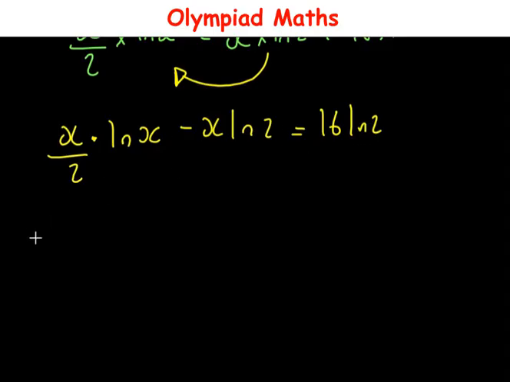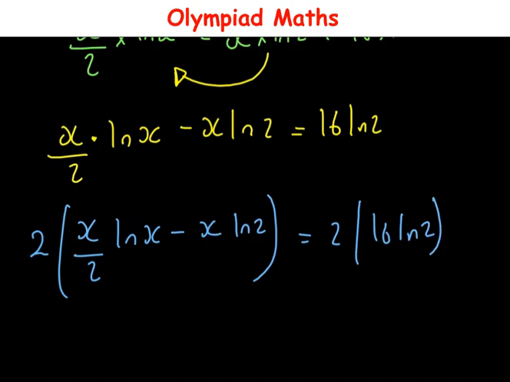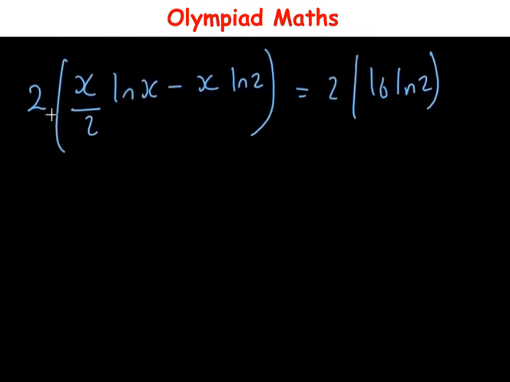Now, at this junction, we are going to multiply this equation by 2. So we have 2 times (x over 2 times ln x minus x times ln 2) is equal to 2 multiplied by 16 times ln 2. Now, we open the bracket: 2 times x over 2 times ln x will give us x times ln x.